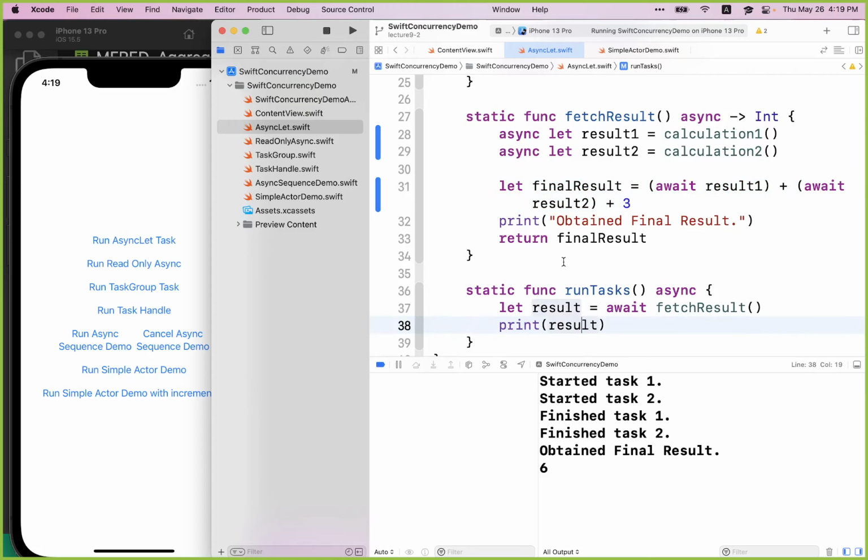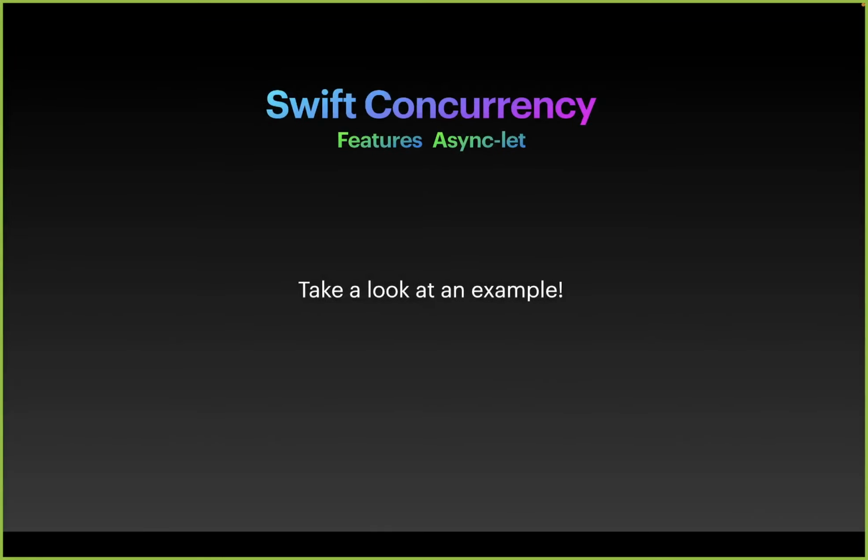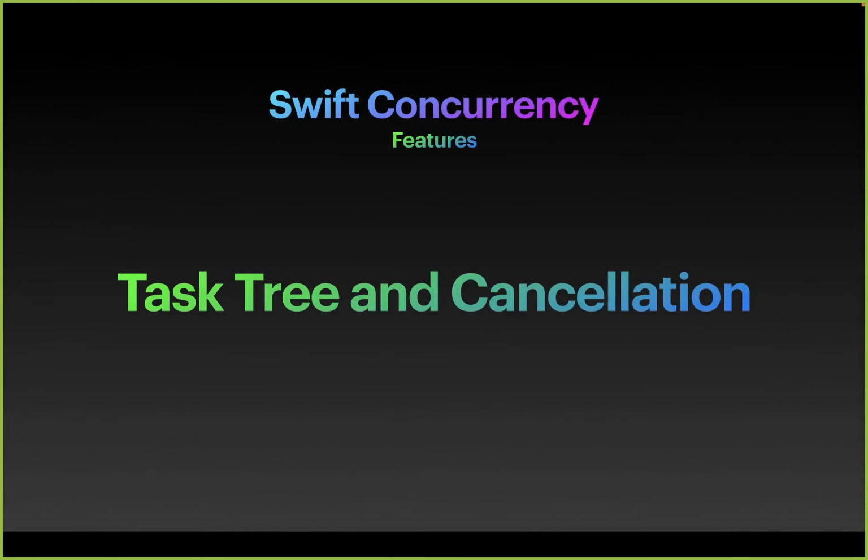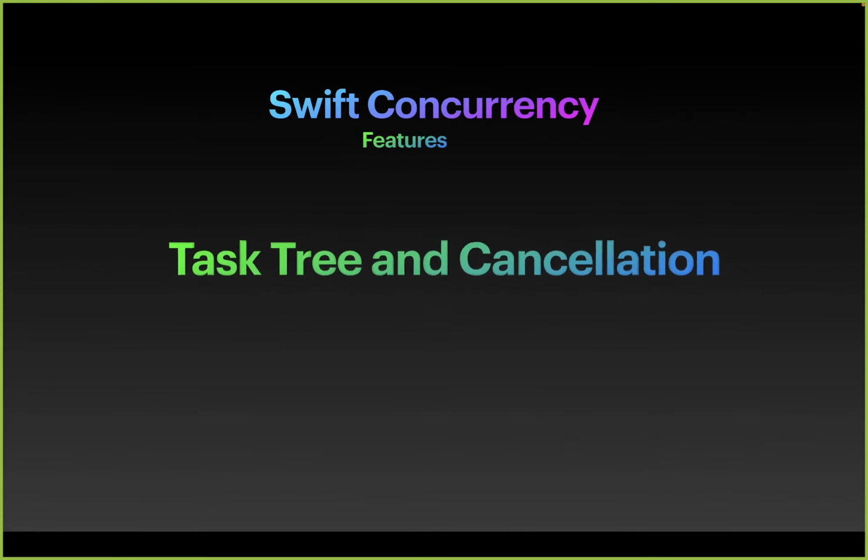Okay, now let's go back to the keynote. Is that clear about the async let syntax? All right. Now let's take a look at something called task tree and cancellation.